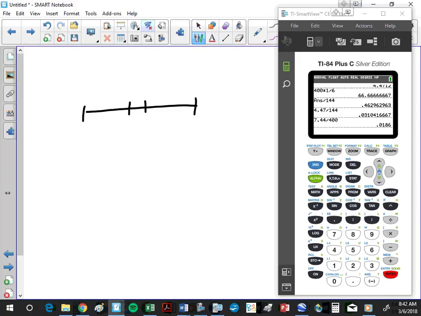Okay. I know that the red length and the green length add up to be the black length. Everybody understand that? Okay. So if I take the green length and put it here, I end up with the whole piece. Right?